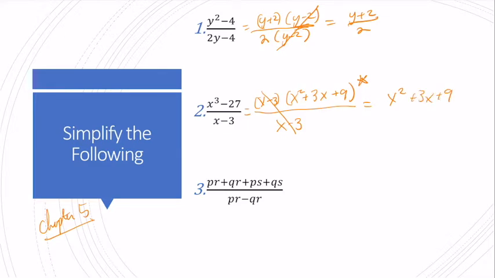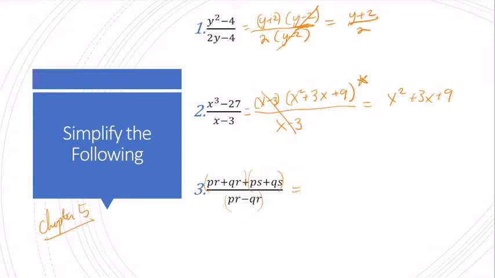This next, I have PR plus QR plus PS plus QS over PR minus QR. So I'm going to go ahead and factor this numerator by grouping, and the denominator as well.